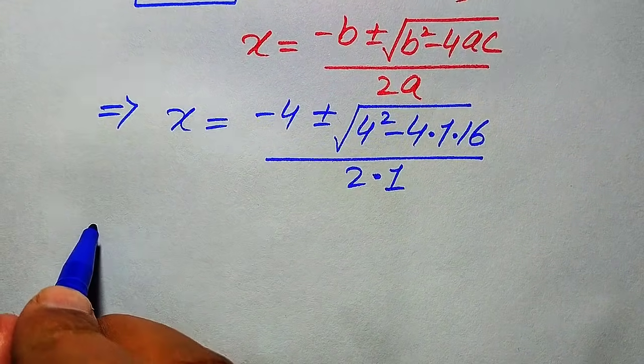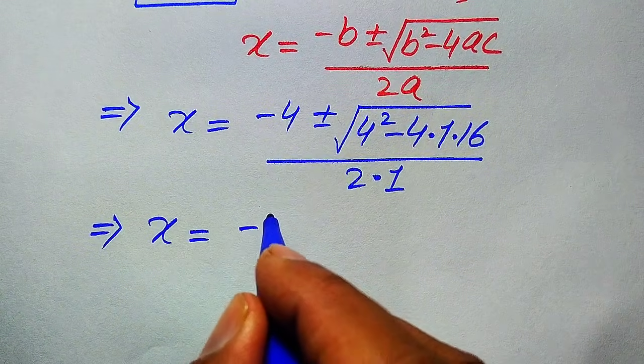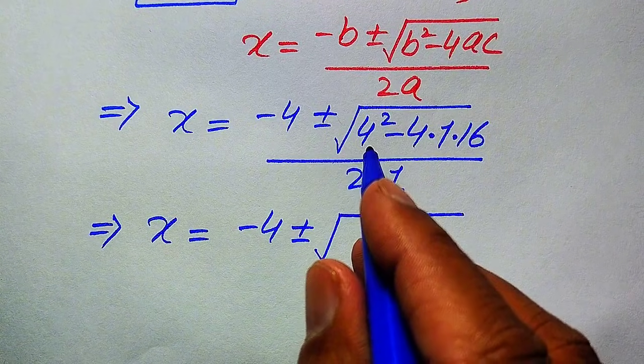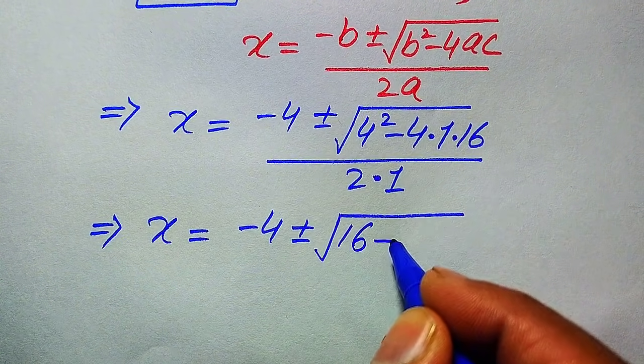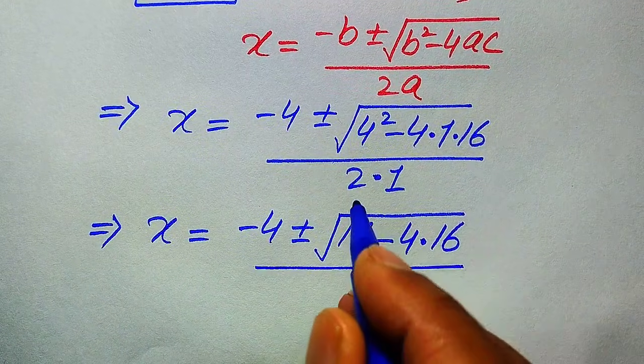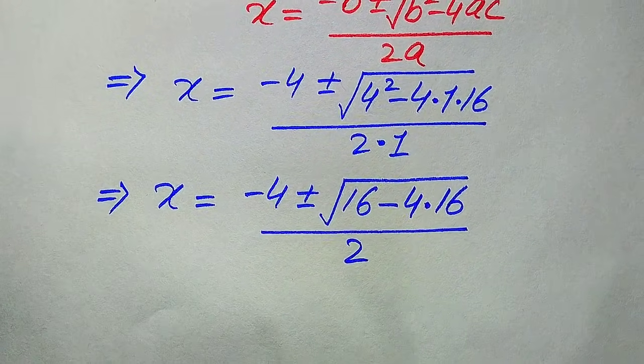In the next step we need more simplifications, and it will be written as x equals minus 4 plus minus square root of 4 square, which becomes 16, minus 4 multiplied by 16, divided by 2 times 1, which equals 2.